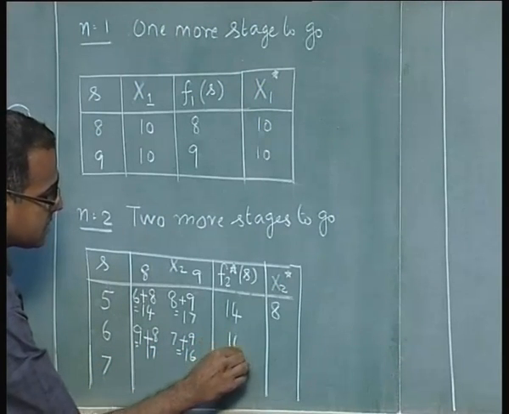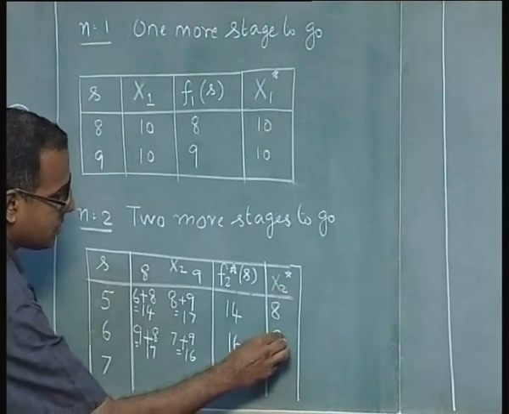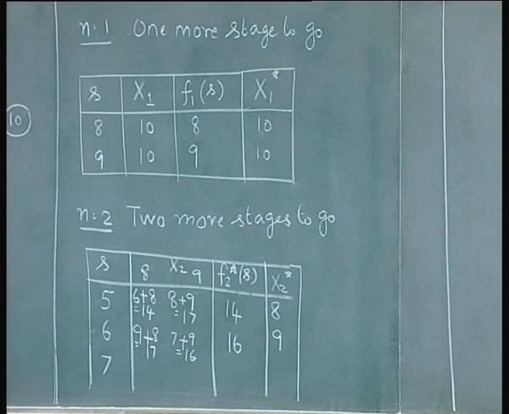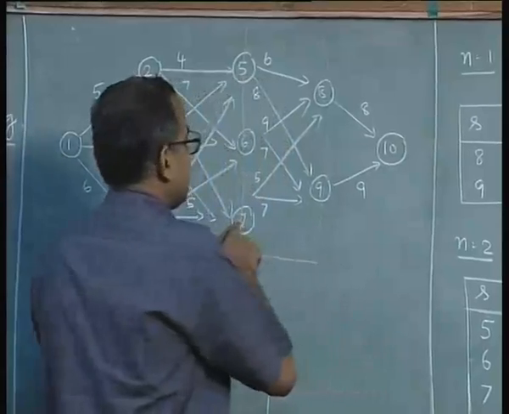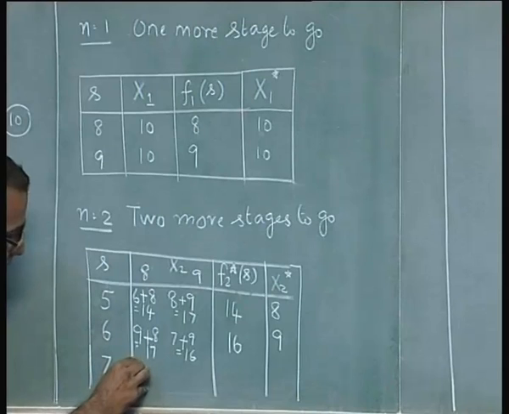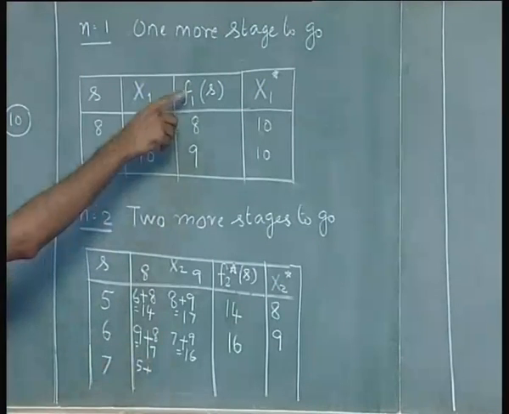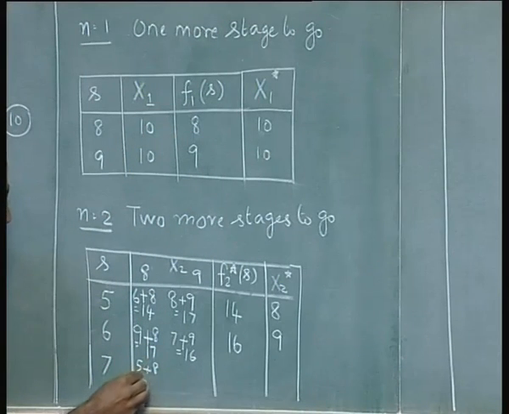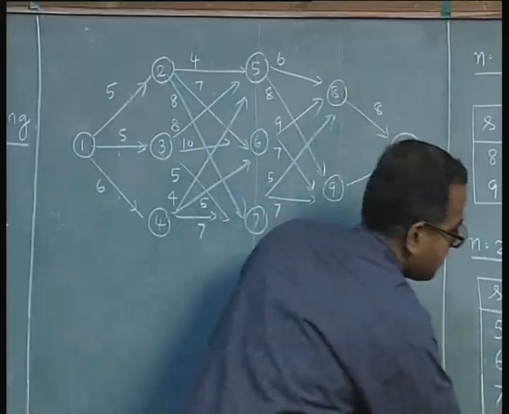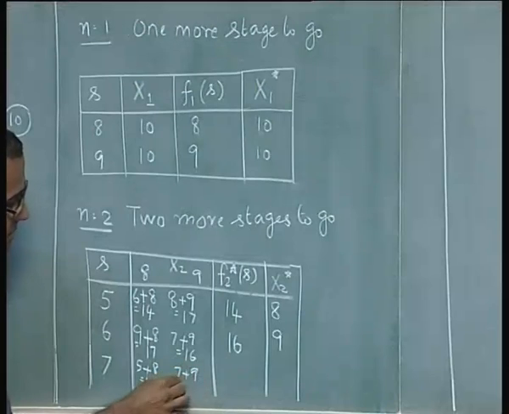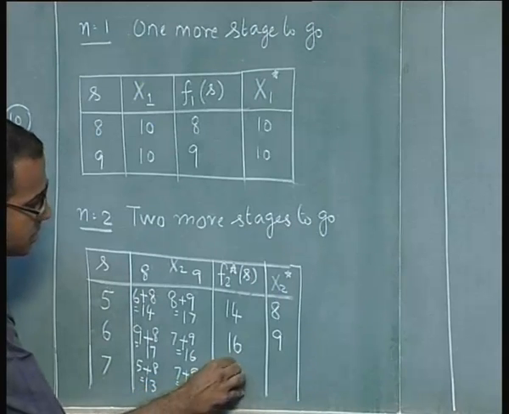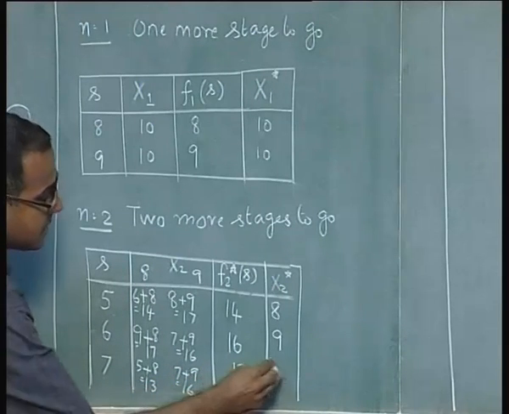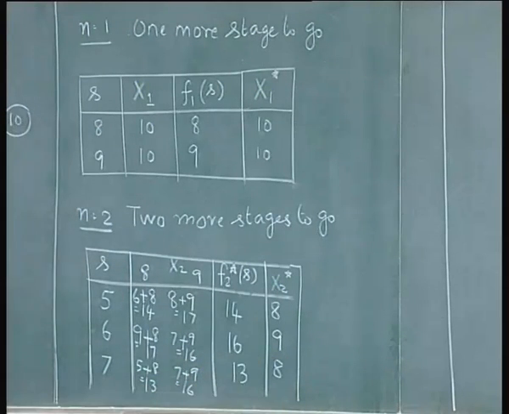So the total value is 16, and the best decision now is to go via 9 and not via 8. Similarly, if the person is at 7, then you have 5 to go to 8, and from 8 to destination is another 8, which is 13, and 7 plus another 9, which is 16, the smaller one is 13, and the decision is to go to 8.